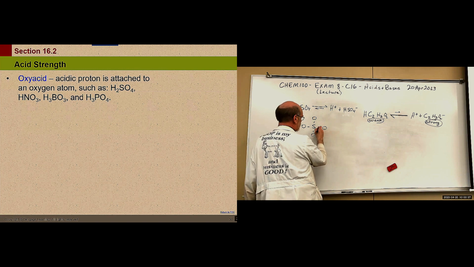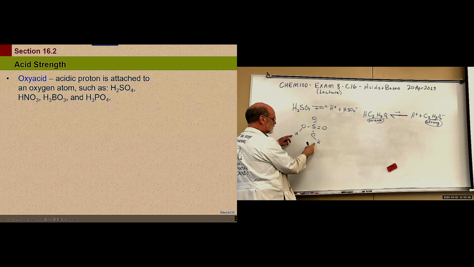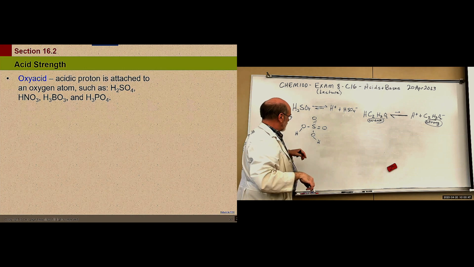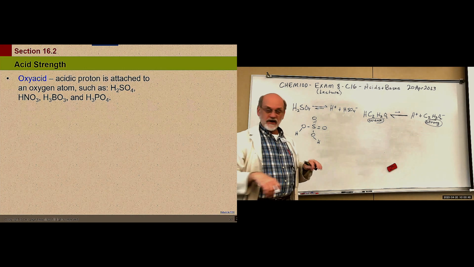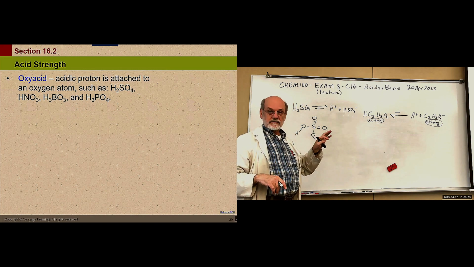And then this is a double bond, that's a double bond. This one has a hydrogen, and this one has a hydrogen. So it's H2SO4. This is an oxyacid because these hydrogens would have to dissociate from contact with an oxygen.